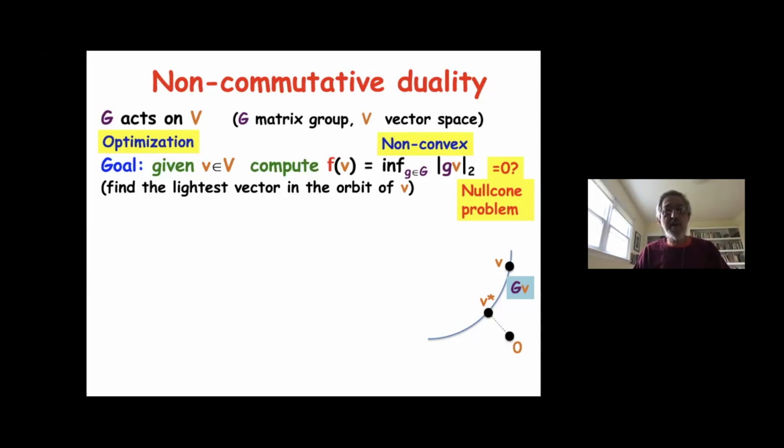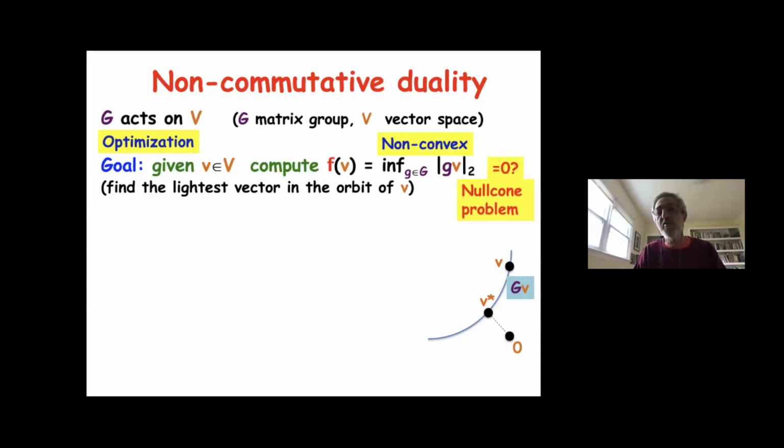So here's a more basic question. If you look at this goal, and for complexity theorists, it's, at least morally, an NP problem. If the answer is yes, if the infimum is 0, then we can supply a sequence of elements. There is a witness. Not in complexity terms, but at least in spiritual terms, there is a sequence of elements that will show you that it gets smaller and smaller.